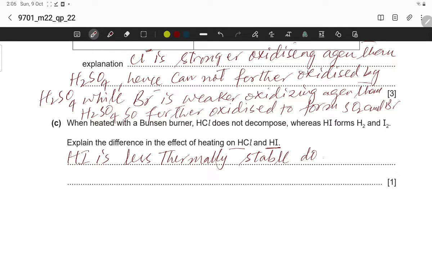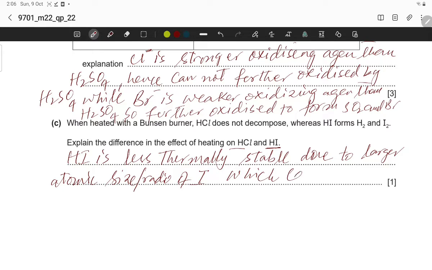due to the larger atomic size or radius of iodine, which causes an increase in bond length.